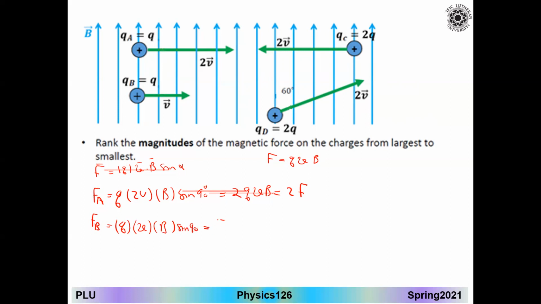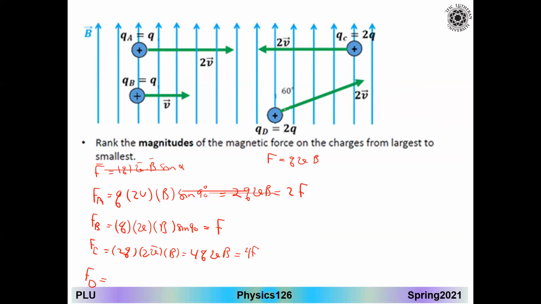And this one will be F. Let's find the third one, C. In this case I have 2Q times 2V times B. I end up with 4QVB, which would be 4F in that case. So it's 4F.